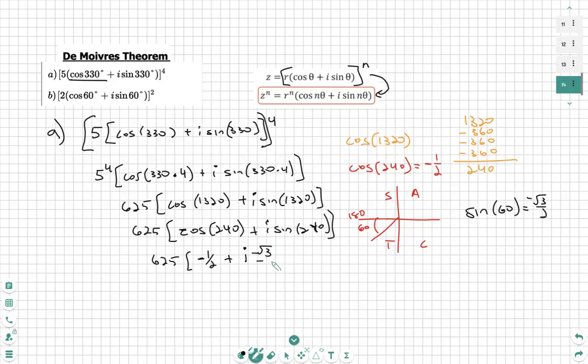So negative root 3 over 2. And we're going to distribute our 625. And that's it. We'll have minus 625 over 2 minus, because that's a negative root 3, 625 root 3 i over 2. And that is how you solve for A.